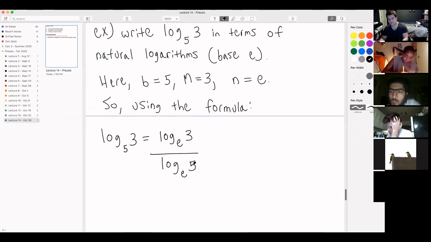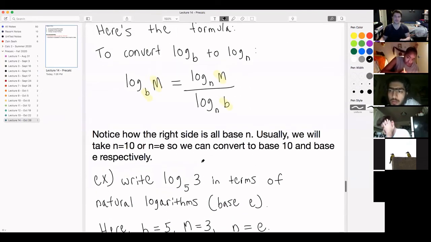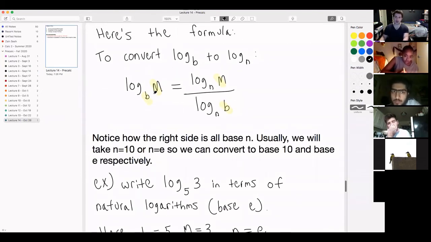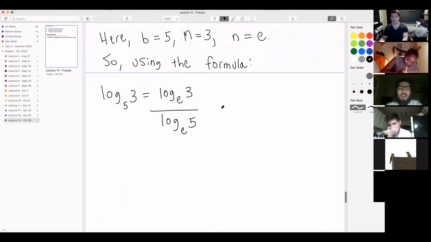Student: M is the output, correct? When you apply the logarithm. No, M is the input of what you're converting from. It's log base b of m. So we're given that, and we want to convert to log base n. Good. So it equals this.